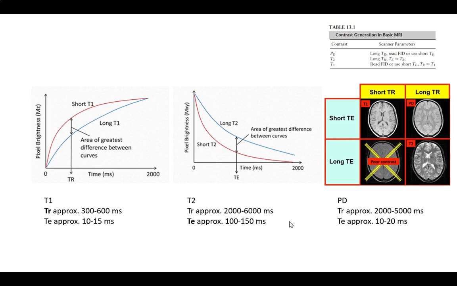So this one tells me TR is what I want. If you look at your time scale, this is like 300s there and 600s there. So somewhere between 300 and 600, that's the range you want for TR. That's really, really short, right? Because you don't want the T1 signal gone.